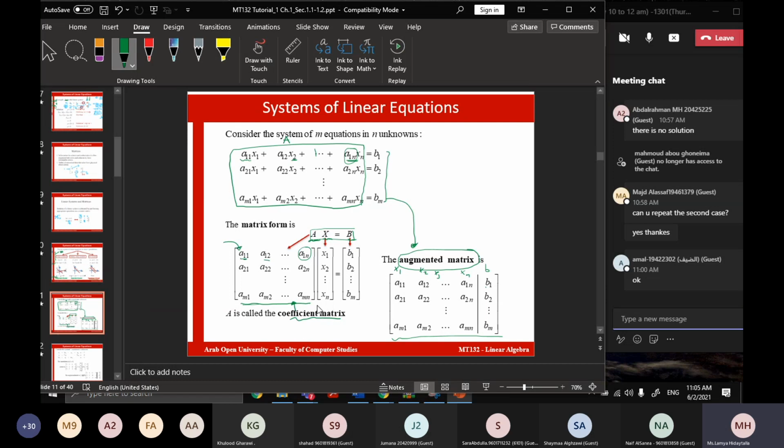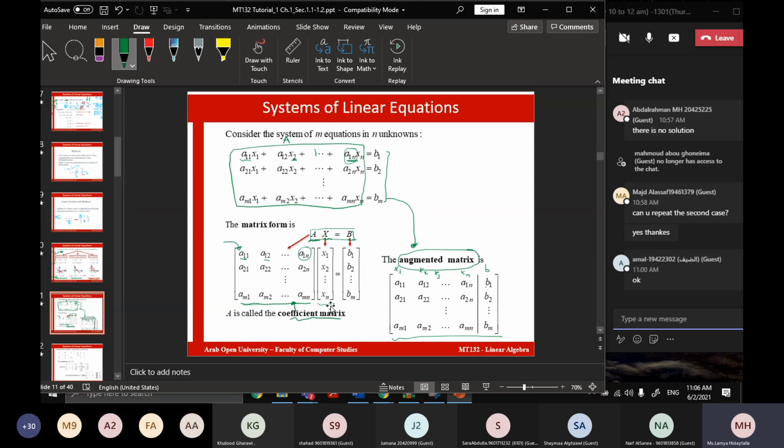After that, beside it you put the vector of the variables. What variables? x1, x2, x3 up to xn. Is there anything beyond xn, like xm? No. The last was xn. So list them all like that here.